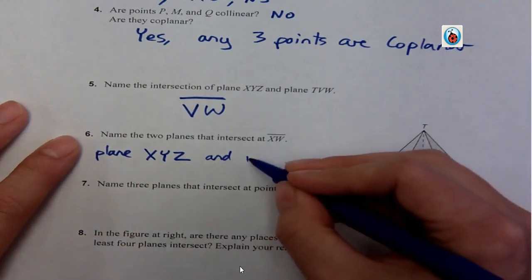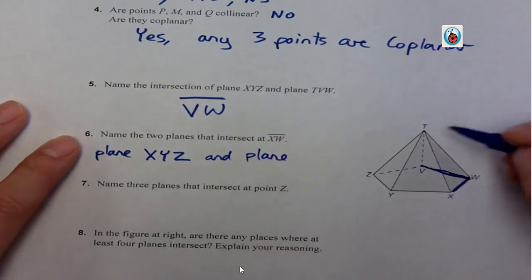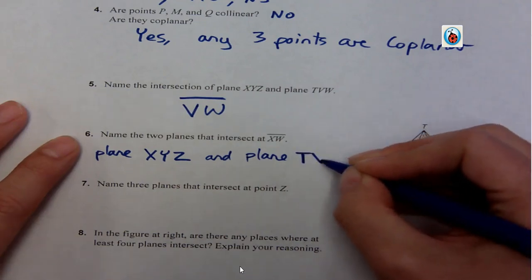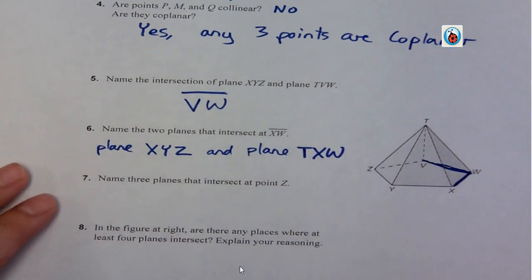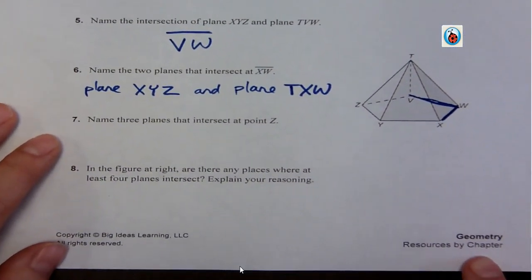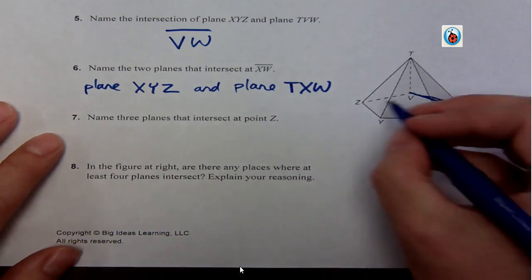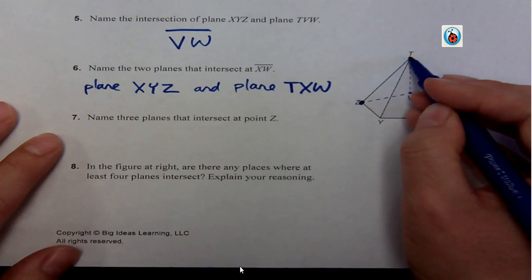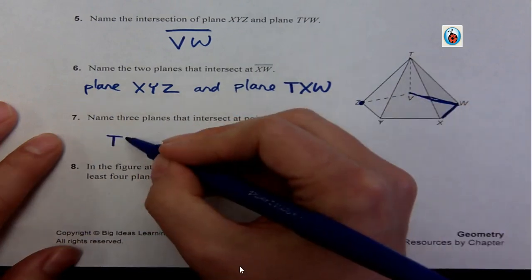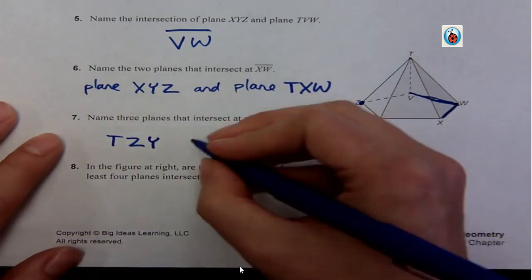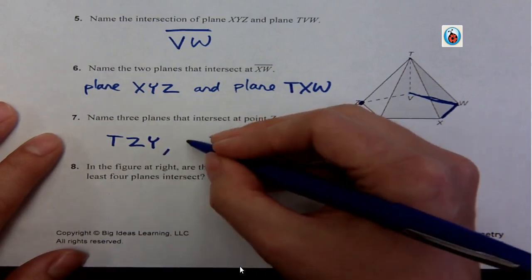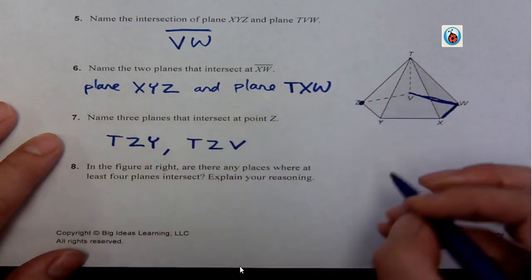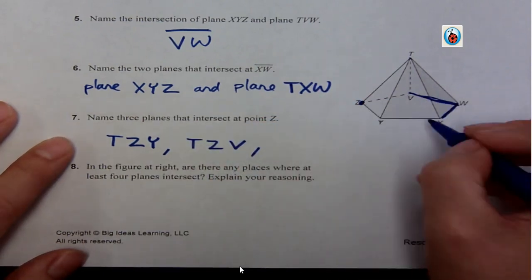And my plane TXW. So 3 planes that intersect at point Z, so I have to look at which 3 sides intersect at point Z. So it's my TZY, my backside there is TZV, and then the bottom of XYZ.